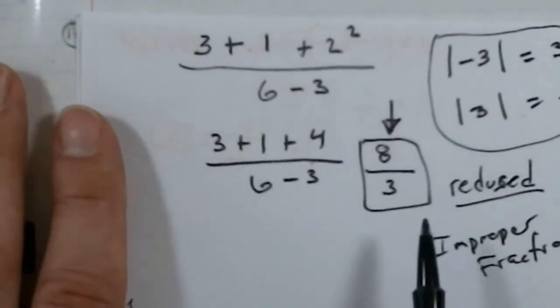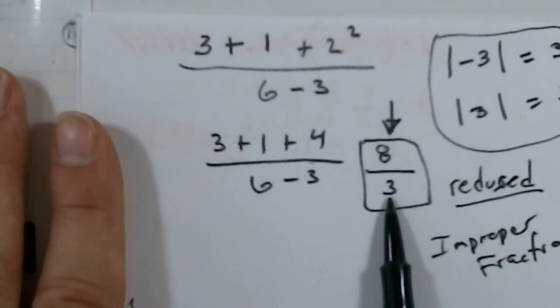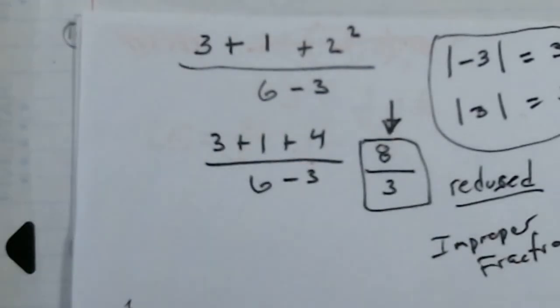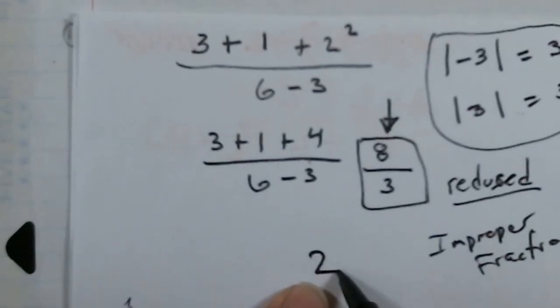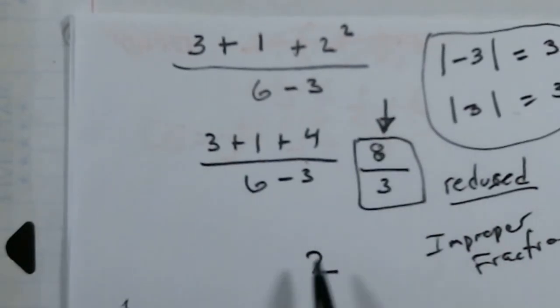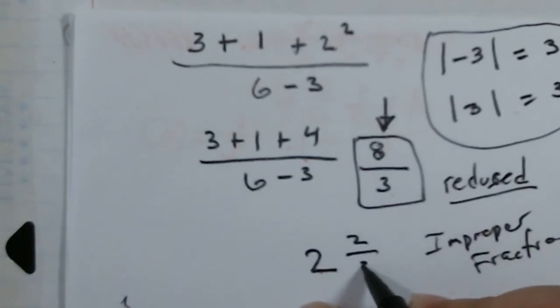So I hope that you know how to do this here. So how many 3's go into 8? Let's see, 3 goes into 8 2 times, right? Because 3 times 2 is 6. Well, how many more to get to 8? 2. So this is 2 and 2/3.